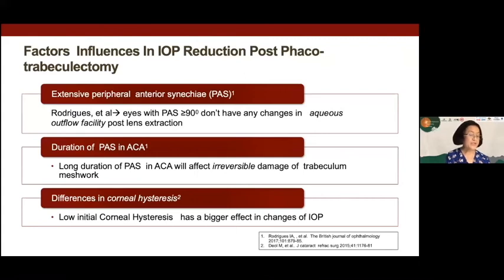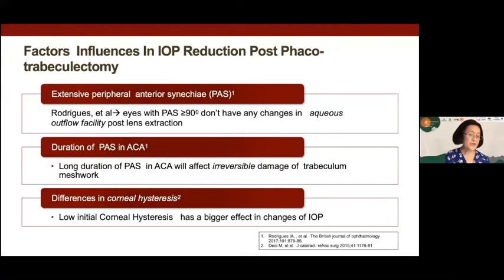Here we try to identify several factors that may influence the greater IOP reduction after combined phaco-trabeculectomy. Our study found that eyes with peripheral anterior synechiae greater than or equal to 90 degrees had no change in aqueous outflow facility when only lens extraction was performed.